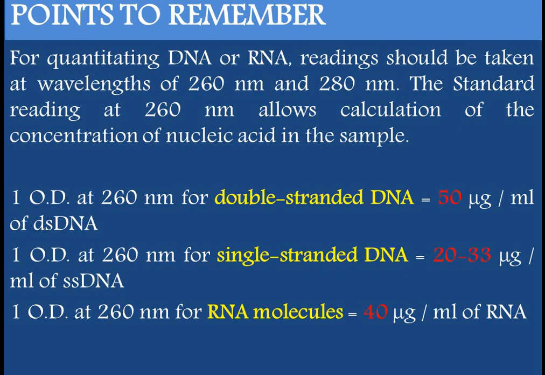Similarly, the sample containing single-stranded DNA that gives 1 OD at 260 nanometer contains 33 microgram per ml single-stranded DNA. Similarly, the sample containing RNA that gives 1 OD at 260 nanometer contains 40 microgram per ml of RNA. This is the standard concentration.